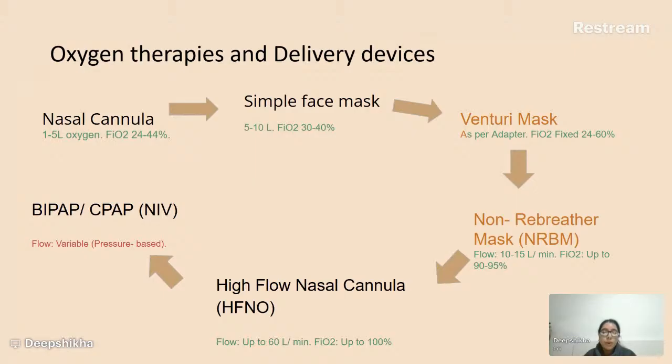Sorry, one other method that I didn't mention was Airvo. That's essentially just humidified, high flow, simple face mask. When you're giving oxygen, that can cause your nasal passages to be quite dry, so the humidified oxygen delivers humidified oxygen to your airways, which is a lot better for patients.